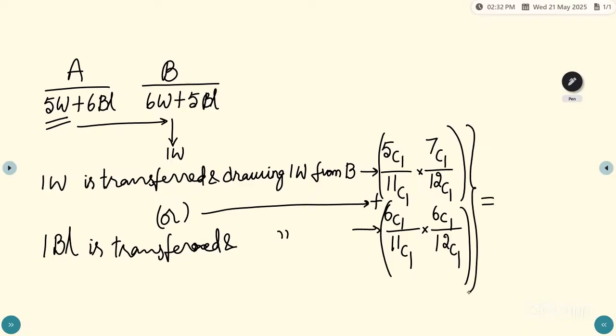So what is the answer? 35 by 11 into 130 plus again 6 into 6. What is the answer? 71 by 20.